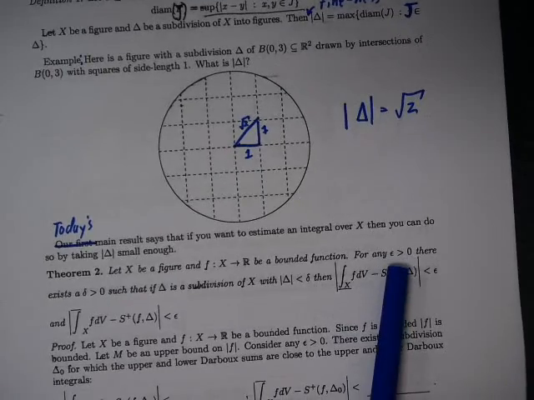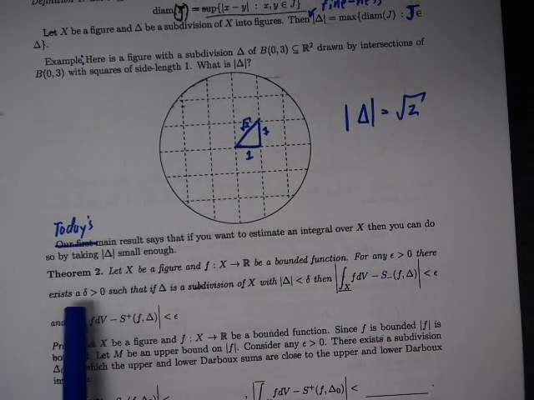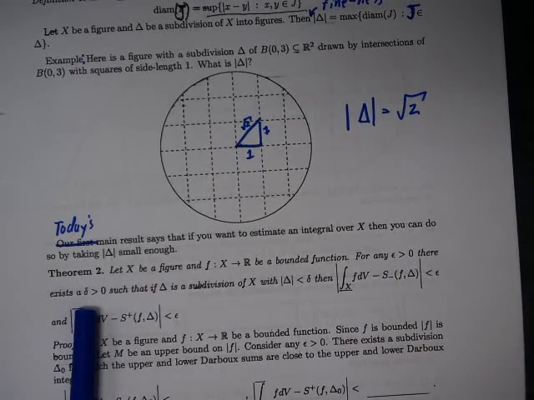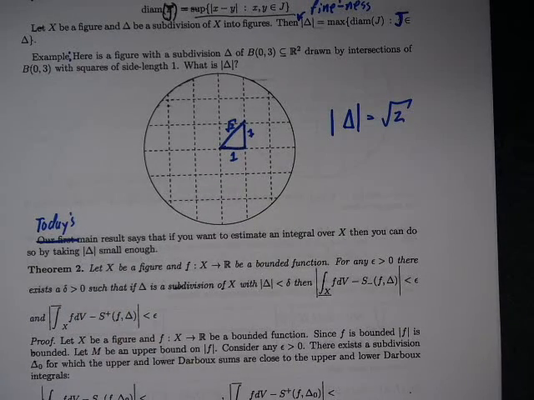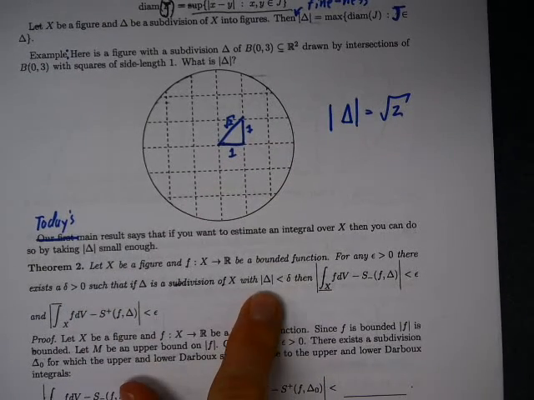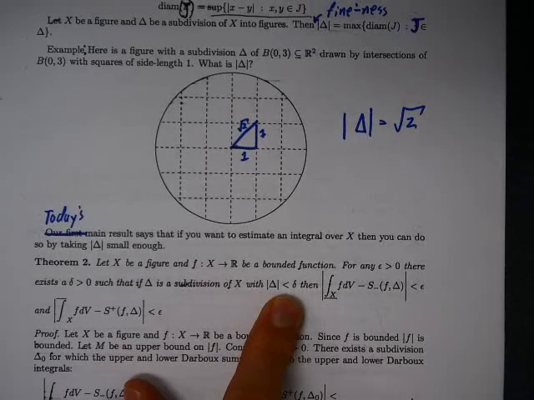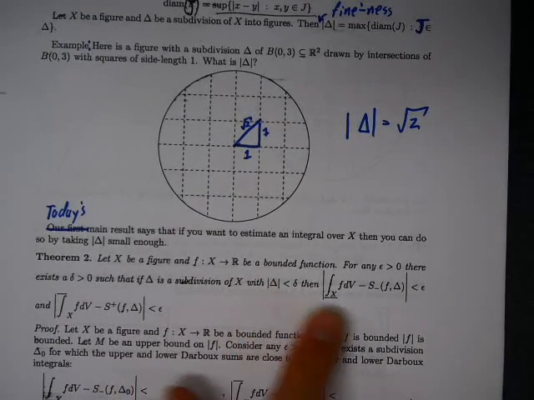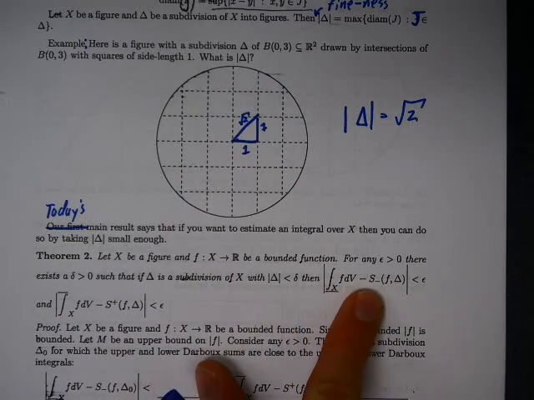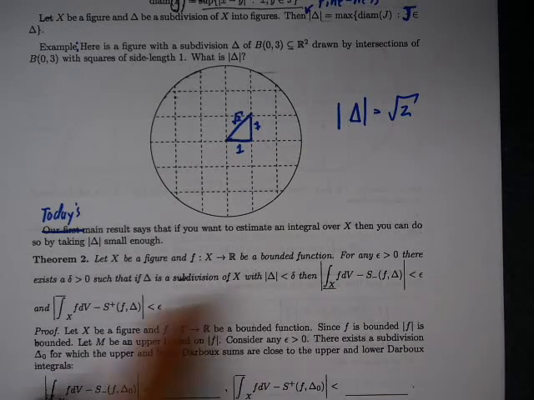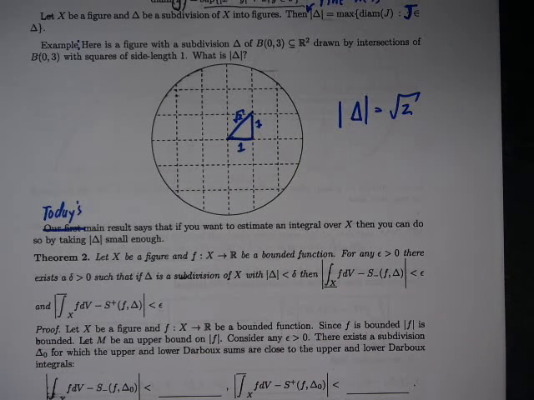Then for any epsilon bigger than 0, there exists a positive number delta bigger than 0, such that if capital delta is a subdivision of x, so that the fineness of that subdivision is less than that positive number delta, then the difference between the lower integral and the lower Darboux sum is less than epsilon, and the difference between the upper integral and the upper Darboux sum is less than epsilon. Nice. So does the statement make sense?